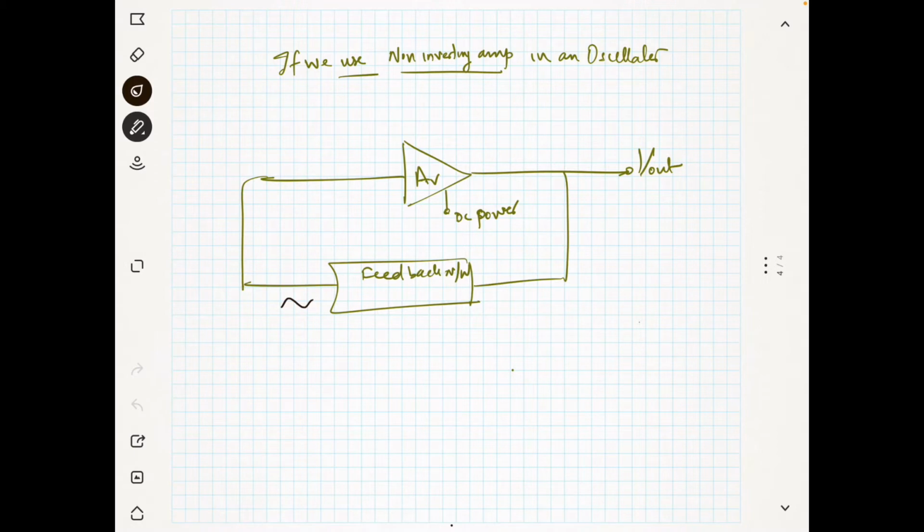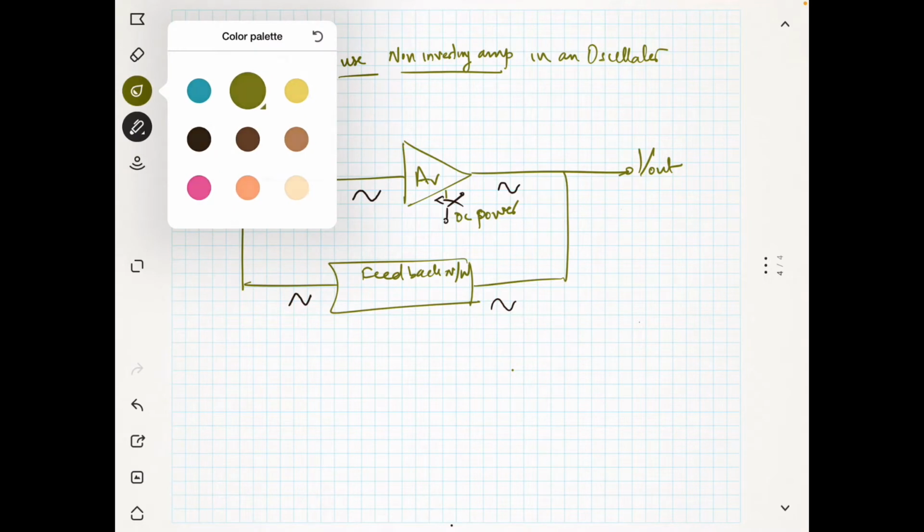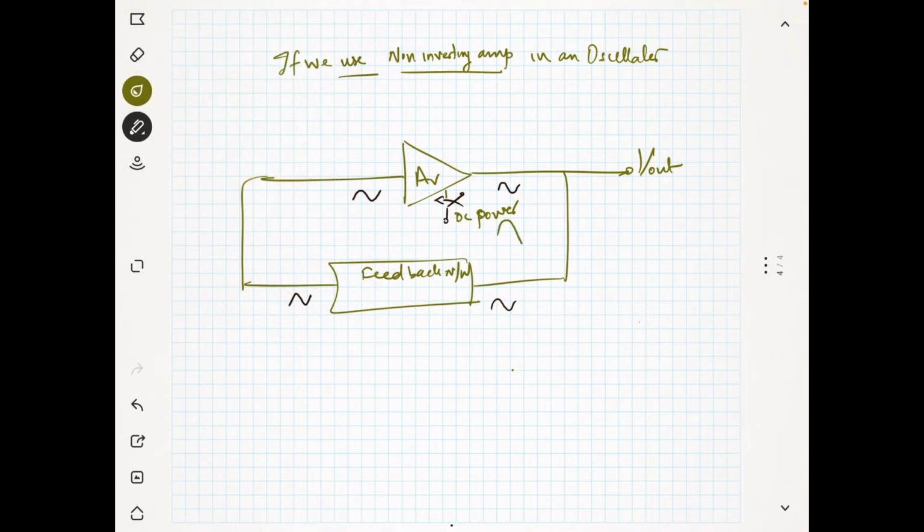It will produce some output here, which will reach the feedback attenuation, and it will be diminished a little bit, attenuated anyway. So you get something here as input again, and at the next stage your amplifier will amplify your input, so you will get something more.